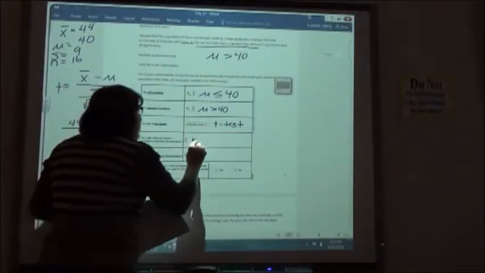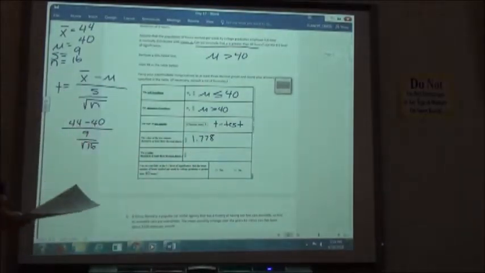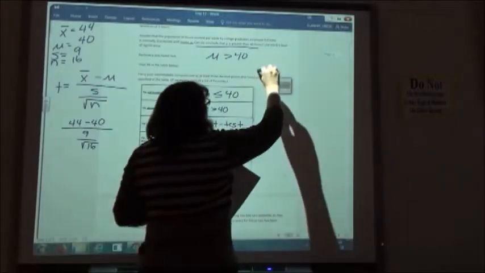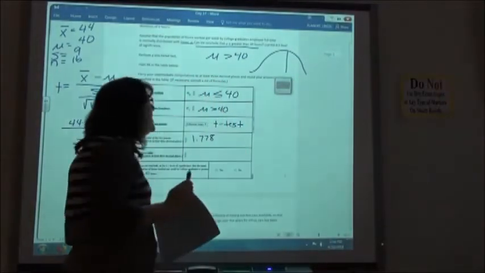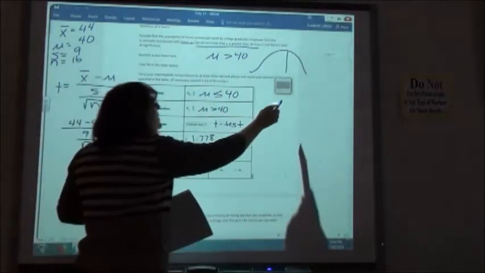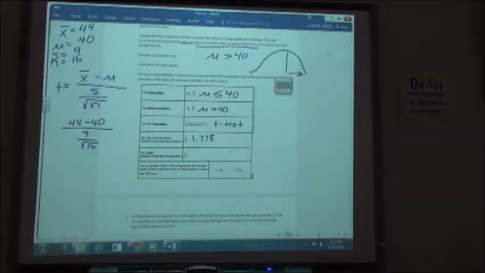Yep. 1.778 is our test value. So when we're thinking about this, we're going to think about our curve. Our test value is 1.778. We are testing, is it greater in that section, right? Mu is greater.